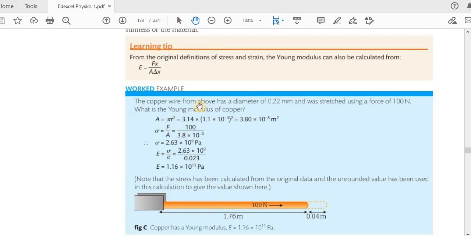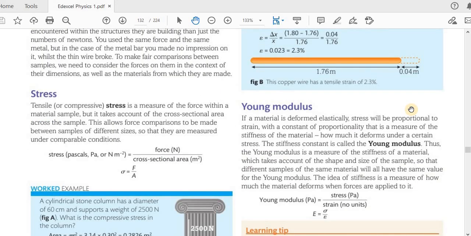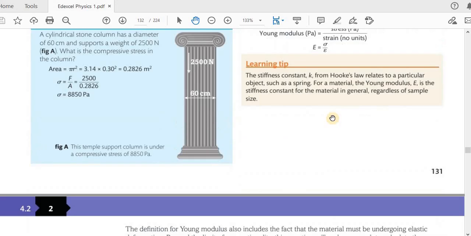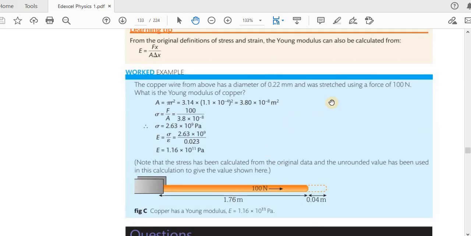The copper wire from above has a diameter of 0.22 millimeters and was stretched using a force of 100 newtons. Here also we have copper, but let's see. What is the Young modulus of copper? So first, to find the Young modulus, we need the stress and the strain.